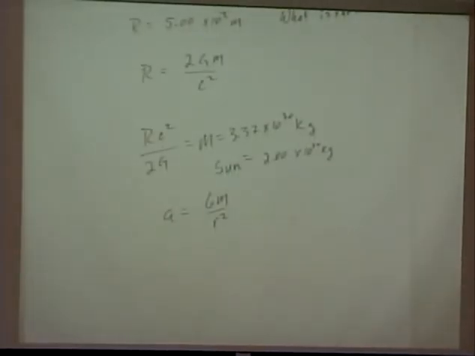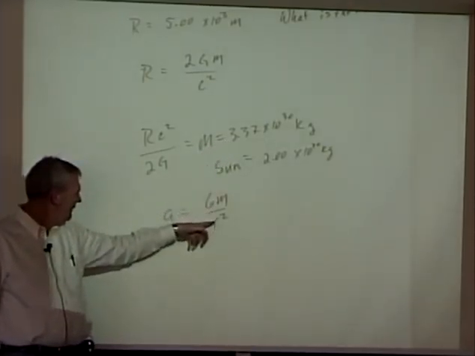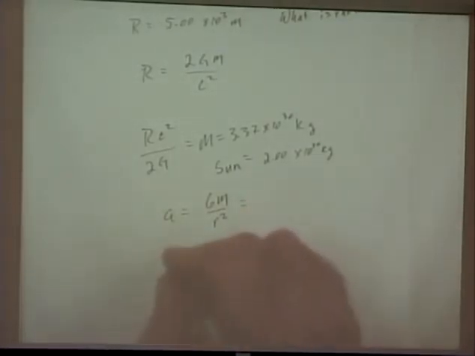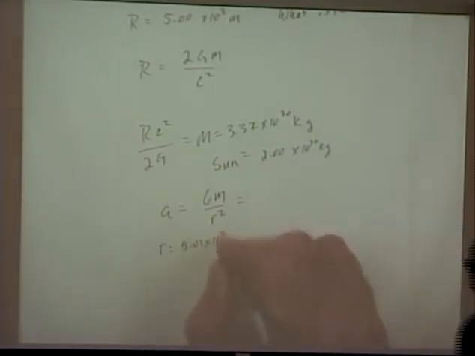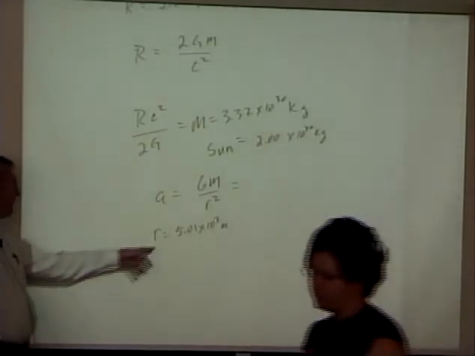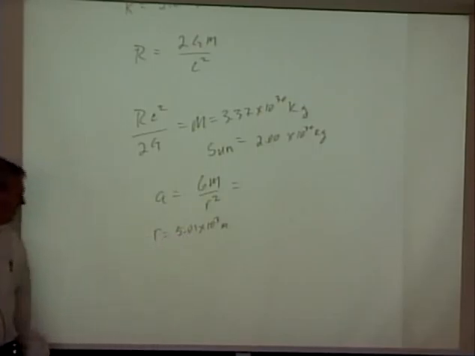We've got the mass, and now we've got to find the acceleration. We're going to let r equal 5.01 times 10 to the third meters. In other words, we're not quite into the event horizon, but almost. So let's figure out what the acceleration is at that point.